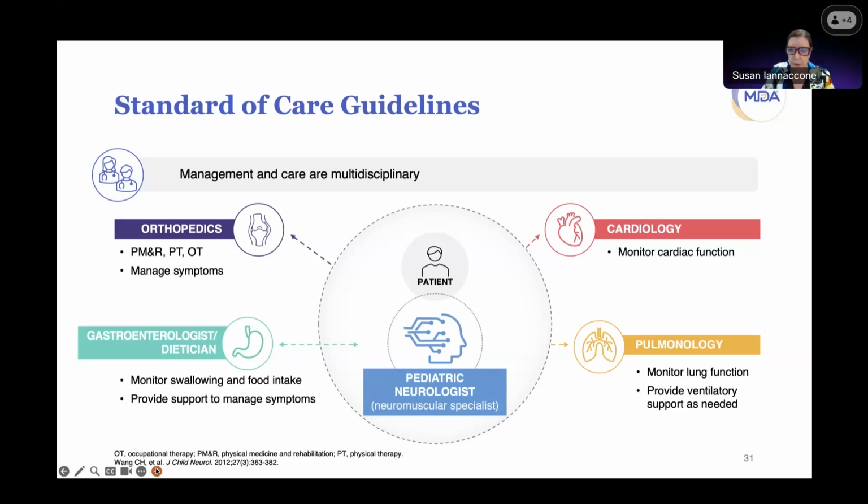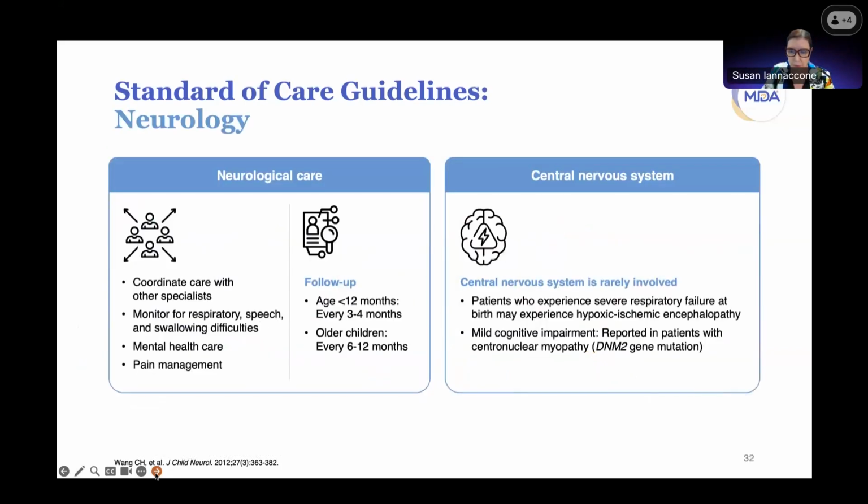Cardiology is included generally as part of the screening process, and we will come back to this in a minute. And then pulmonology, probably of all the subspecialties, is the most important because this group of patients has a very high incidence of restrictive lung disease that is frequently progressive.